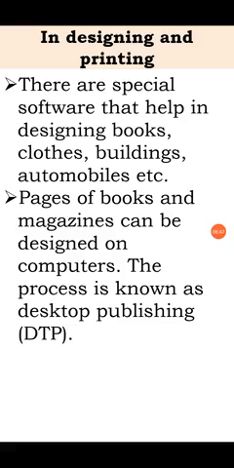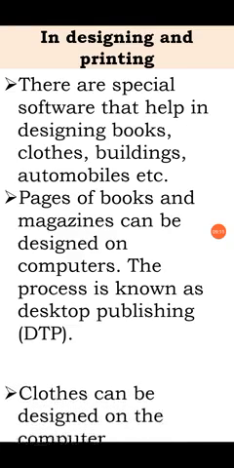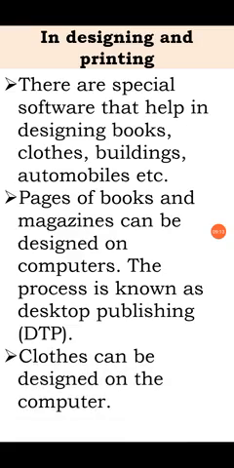To design books, clothes and buildings, these kinds of jobs, we can use a computer, and these are all designed in desktop publishing, called DTP. Clothes can be designed on the computer.